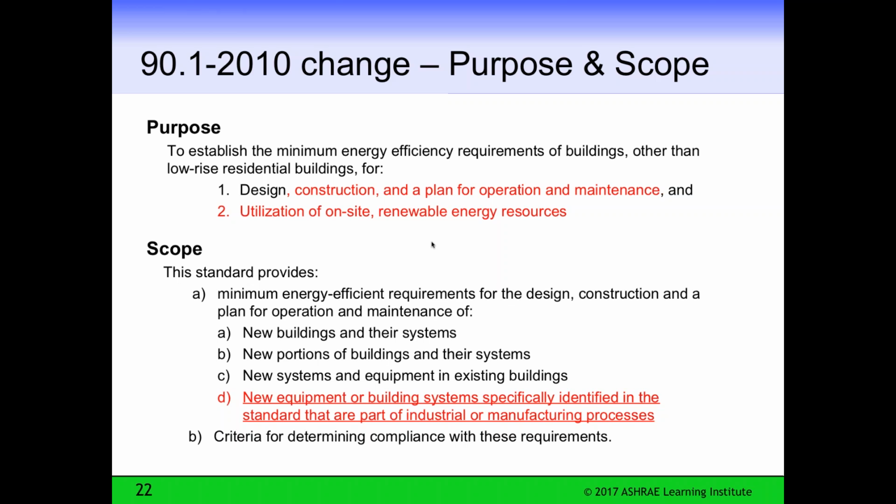If we wanted to do steel mills, we would have to add a section on steel mills and give some requirements. Even though the chiller is the same, if it goes in that steel mill for the process, we don't regulate those at this point because we haven't listed them.